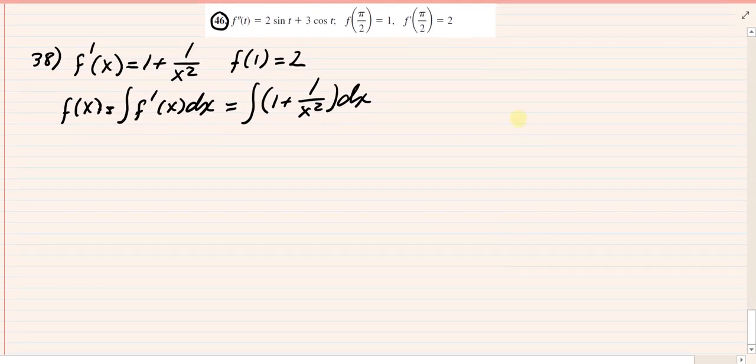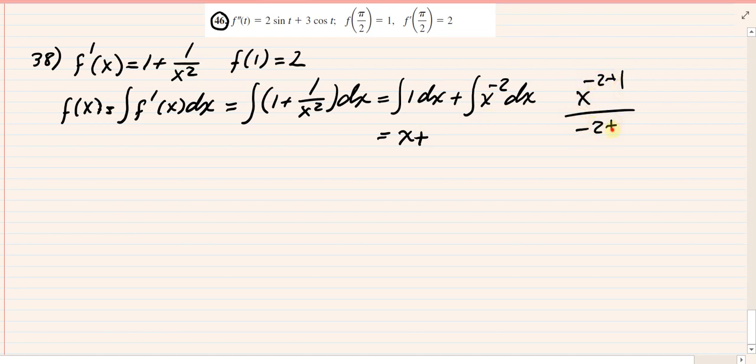I'm going to write it as the integral of 1 dx plus the integral of x to negative 2 dx. The integral of 1 dx is just x. And the integral of x to negative 2, remember how that goes, negative 2 plus 1 over negative 2 plus 1 in the denominator. So that makes it x to negative 1 over negative 1 plus a constant.